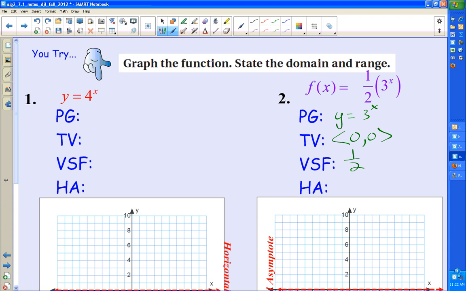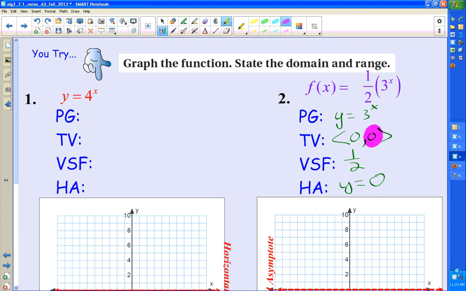Now, this is the tricky part because we haven't had to deal with this before. What is the horizontal asymptote? It's got to be written as an equation. Remember, it's a horizontal line. So if it's a horizontal line, it's got to be y equals. What's it going to equal, Cole? Right, it's the y coordinate of your translation vector. Sorry, the horizontal asymptote is the y coordinate of your translation vector.